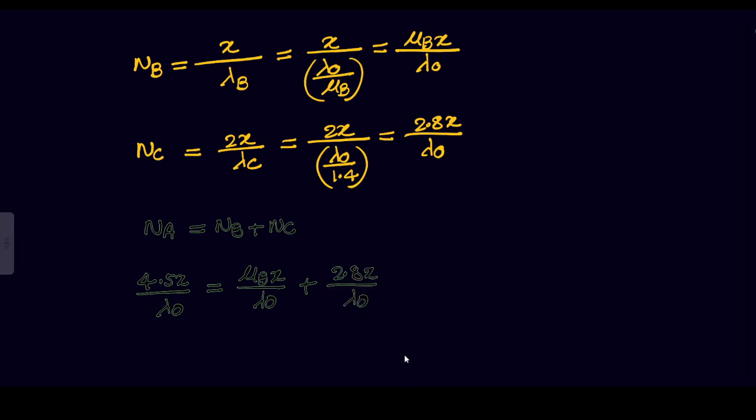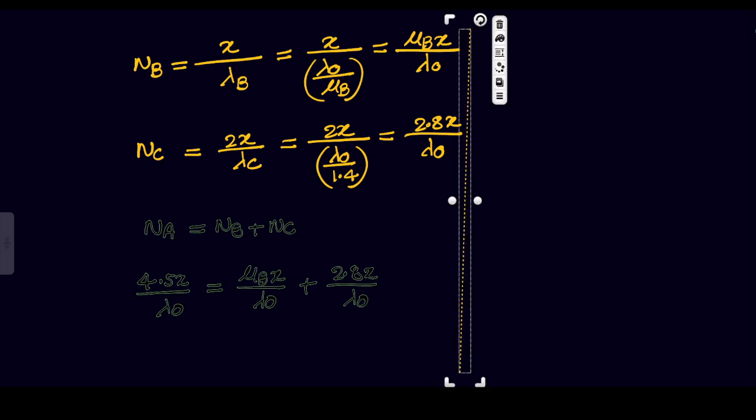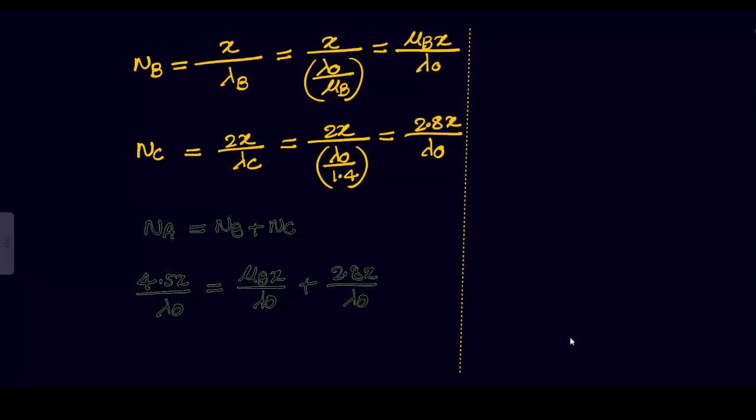Now simplify this. So x by lambda naught will get cancelled. We come to 4.5 equals mu B plus 2.8. How much is mu B, refractive index of second medium? 1.7.